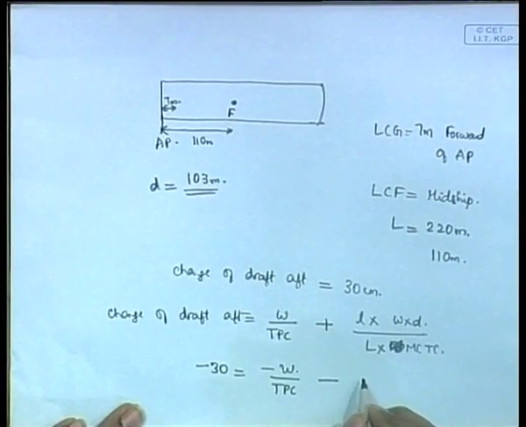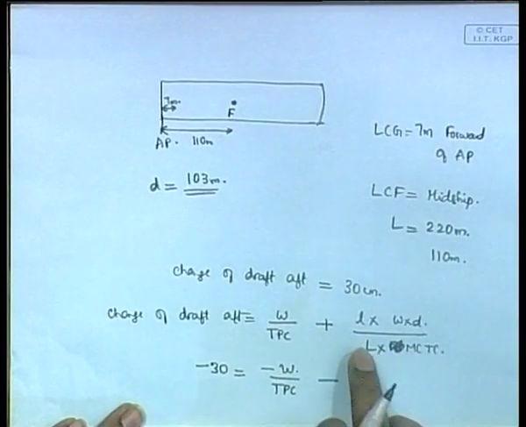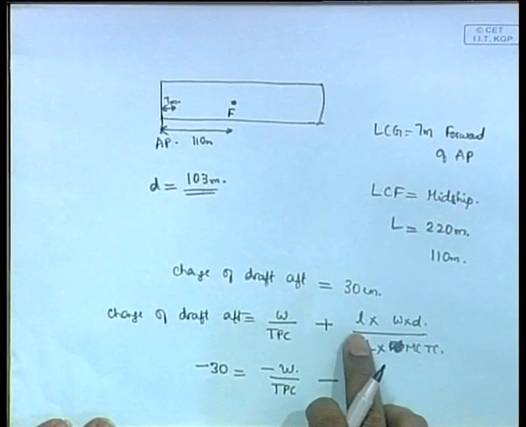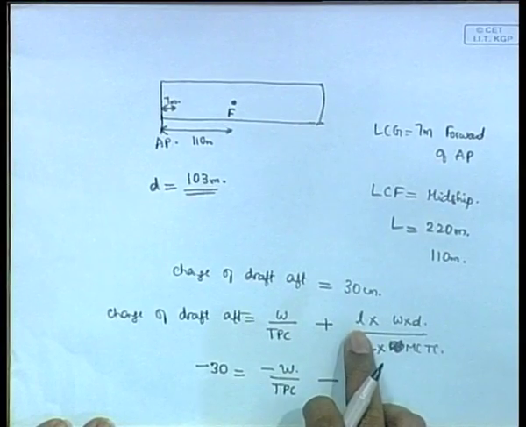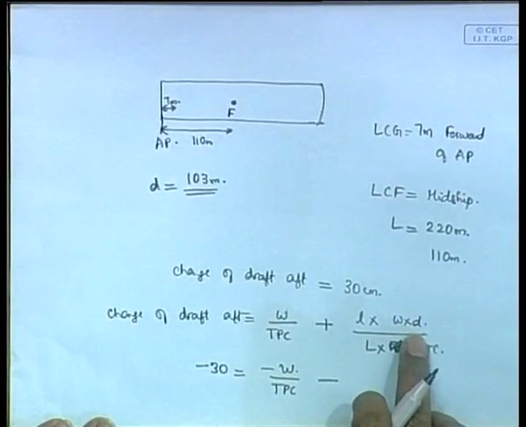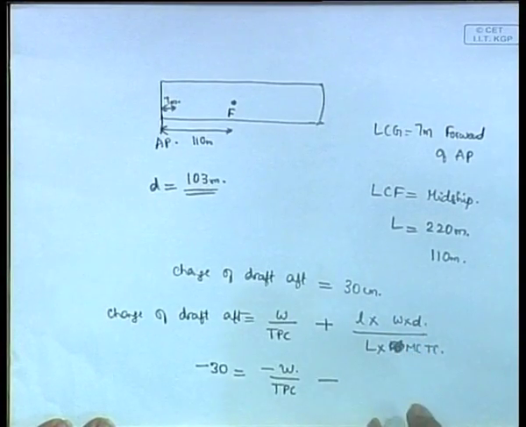You have to know what each of these terms is, that is very important. Small l is the distance of the center of flotation from the aft perpendicular. W is the weight of the water, or the weight that is discharged or added. D is the distance of the point where the weight is discharged or added from the center of flotation, that is very important. Okay, it is the distance from the center of flotation.